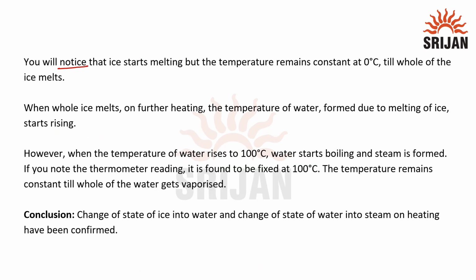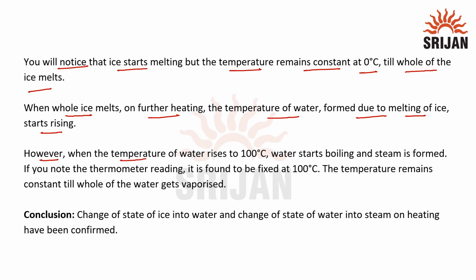So we have noticed that ice starts melting, but the temperature remains constant, that is 0 degrees Celsius, till the whole of the ice melts. When the whole ice melts, on further heating, the temperature of water formed due to melting of ice starts rising.